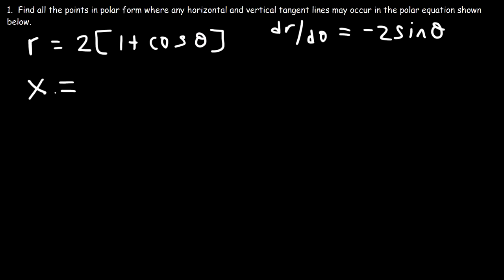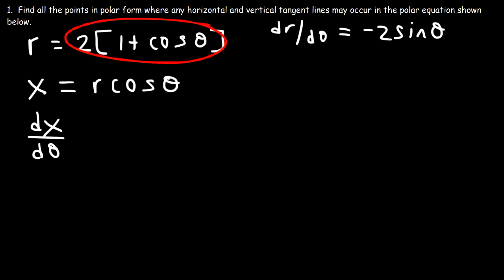So let's start with this expression. x is equal to r cos θ. Now let's differentiate both sides with respect to θ. So we're going to have dx/dθ. Now r is a function of θ, and θ is a variable. So we have two variables in this equation. Therefore, we need to use the product rule.